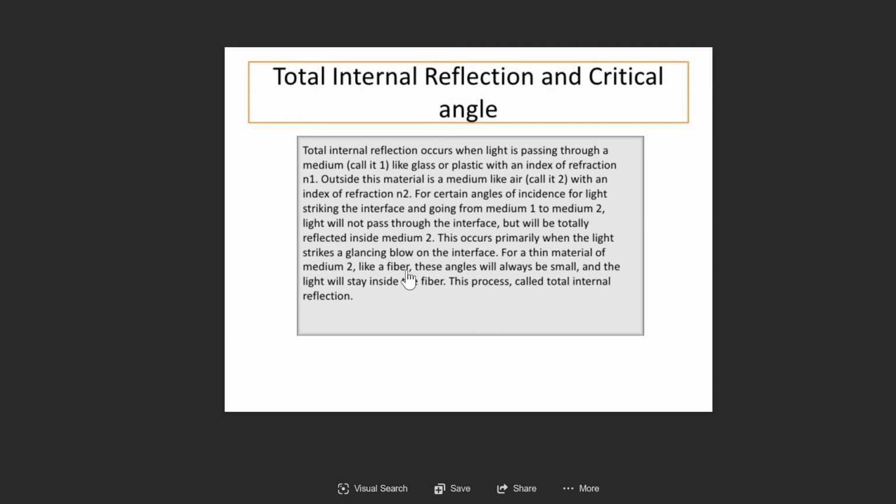This occurs primarily when the light strikes a glancing blow on the interface. For a thin material of medium 2, like a fiber, these angles will always be small and the light will stay inside the fiber. This process is called total internal reflection.